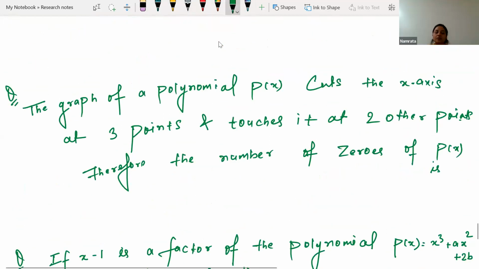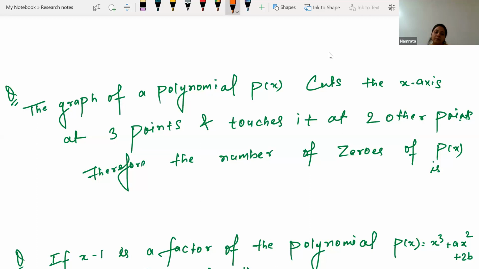Are you getting it? How will we find the number of zeros? Ma'am, can we do it on the graph? Yeah, we can do it on a graph. For better understanding, we can make a rough sketch and understand how many zeros there will be. Have you tried plotting the rough sketch?